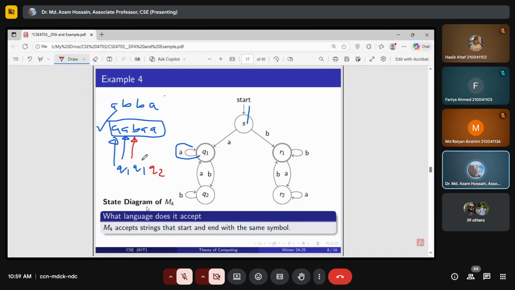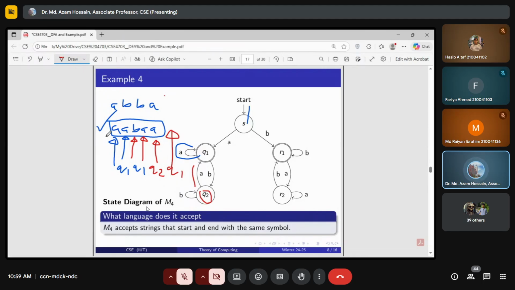Once you move to Q2, your current input is A. If your current input is A and you are in Q2, you move to Q1. So you move to Q1 and your current input is A. Once you read this input A and you remain in Q1, at the end you have no input.